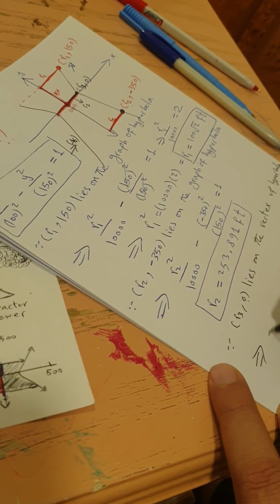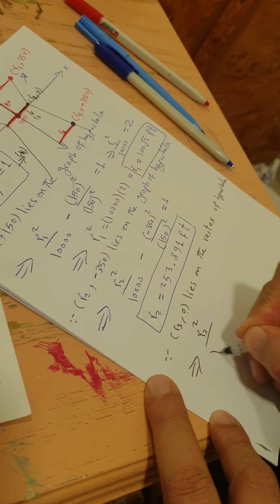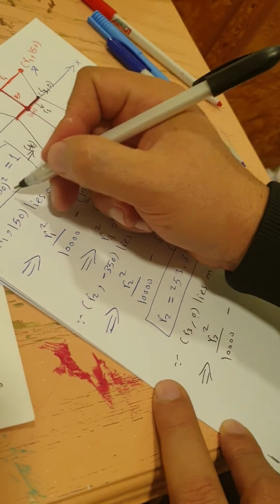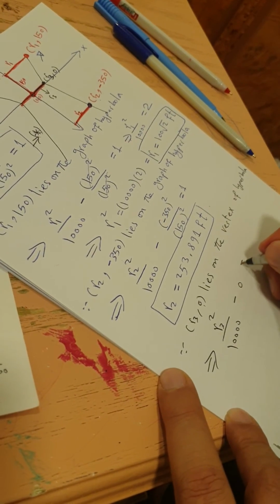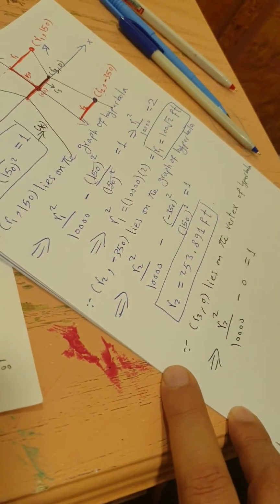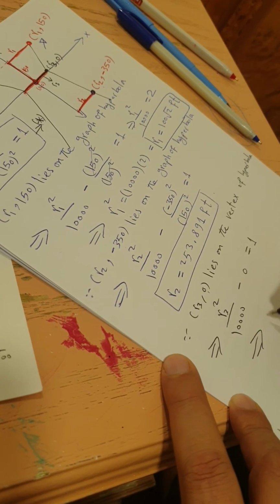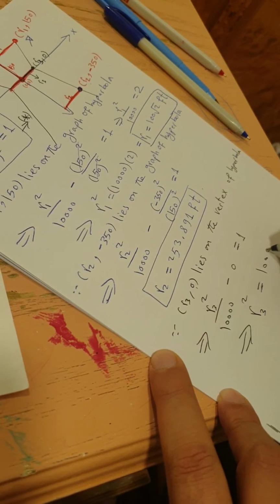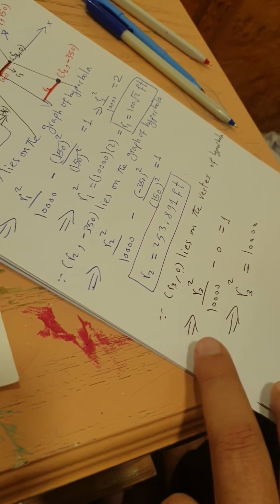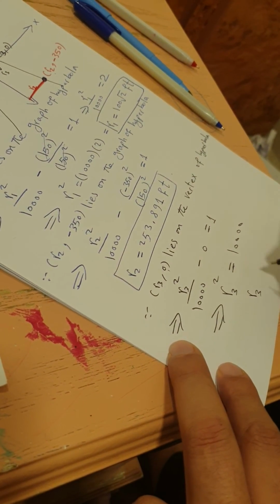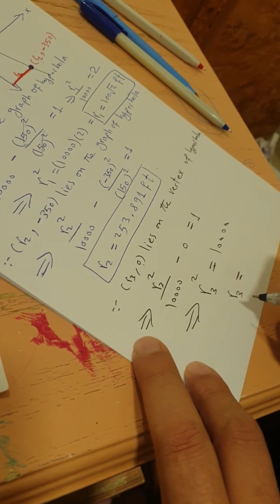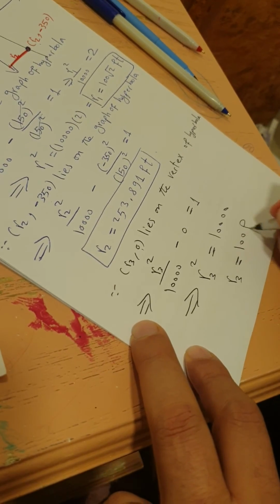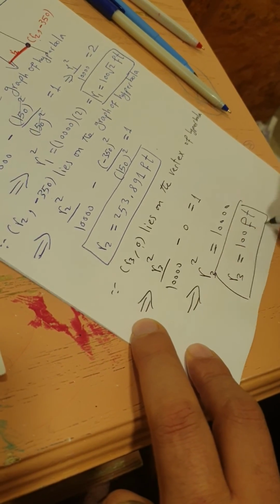This implies that R3 squared over 10,000 minus 0 over 150 squared equals 1 from the equation of the hyperbola, which implies that R3 squared equals 10,000. By taking the square root of both sides, R3 finally equals 100 feet, and thank you very much.